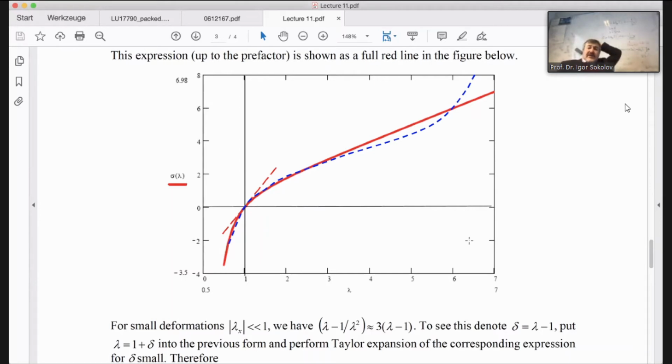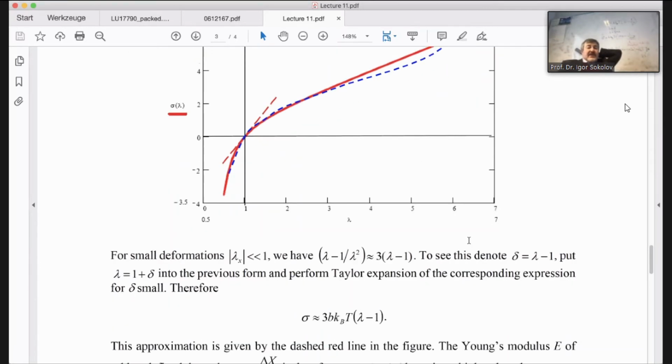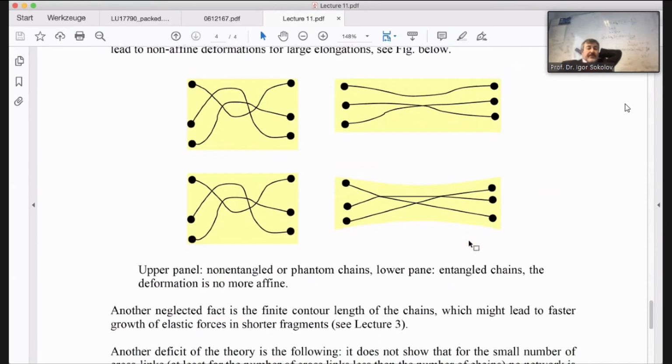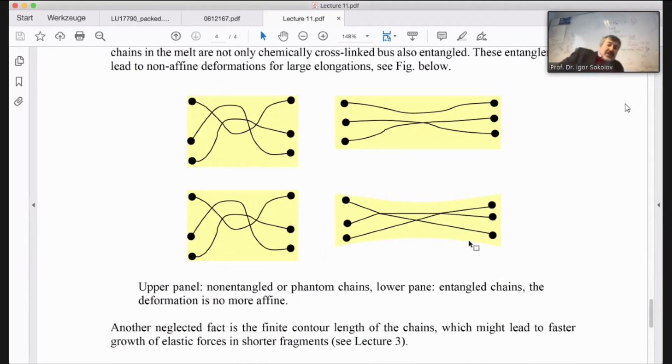And to explain why it breaks down at high concentrations of crosslinkers, this is essentially something which mostly, not only, but mostly, has to do with what we have neglected, namely the fact that the chains are not phantom.